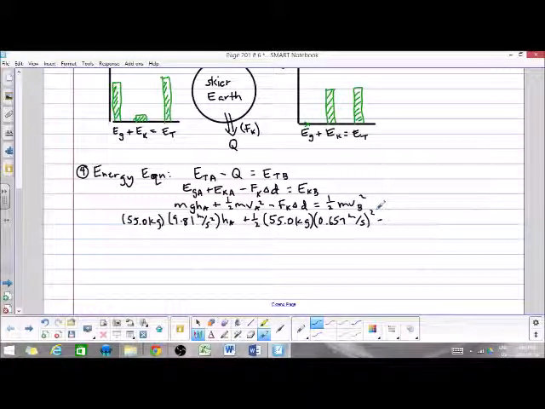Like I said, a lot of substituting. The force of kinetic friction and the length of the incline were given.